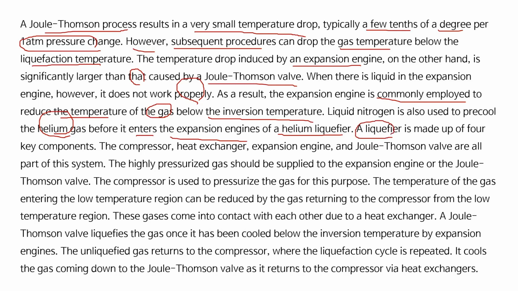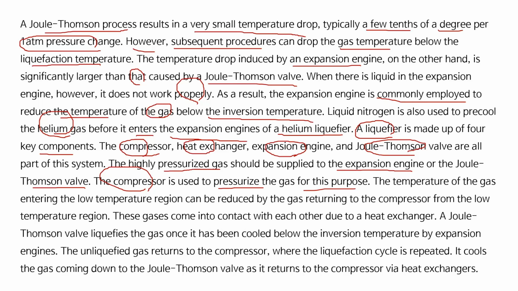A liquefier is made up of four key components: the compressor, heat exchanger, expansion engine, and Joule-Thomson valve are all parts of this system. The highly pressurized gas should be supplied to the expansion engine or Joule-Thomson valve. The compressor is used to pressurize the gas for this purpose.